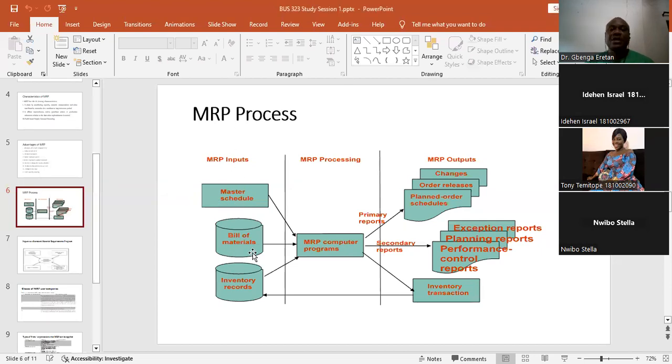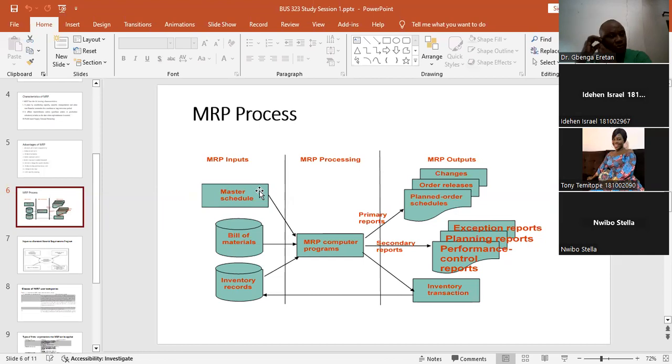In the middle, you have what is called MRP processing. Then at the right-hand side, you have the MRP output. That is, the MRP processes are divided into 3: the MRP input, the MRP processing, and the MRP output.